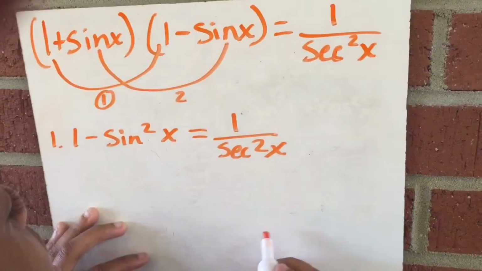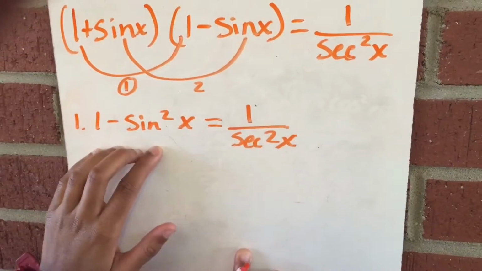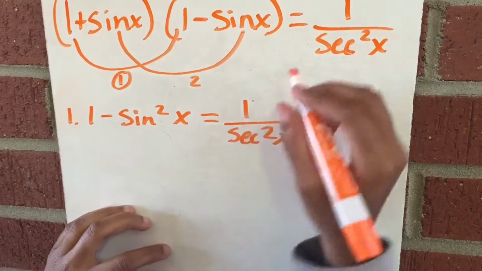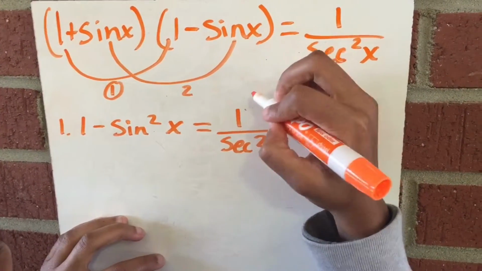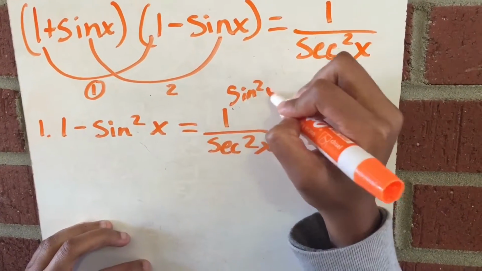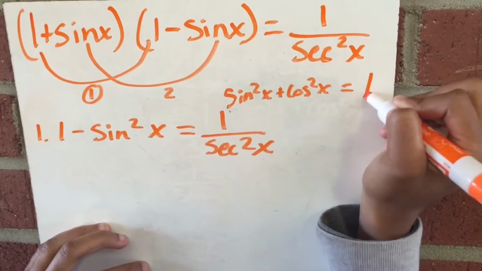secant squared x. Now we have to determine what identity we would use to make this equal. That would be the Pythagorean identity, and that's sine squared x plus cosine squared x equals 1.